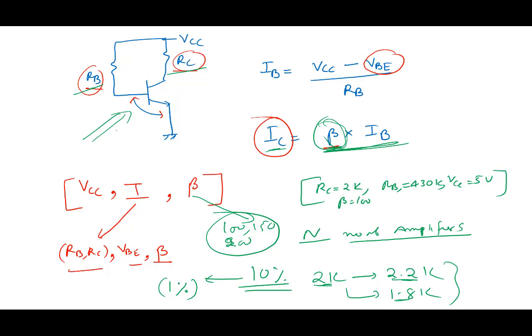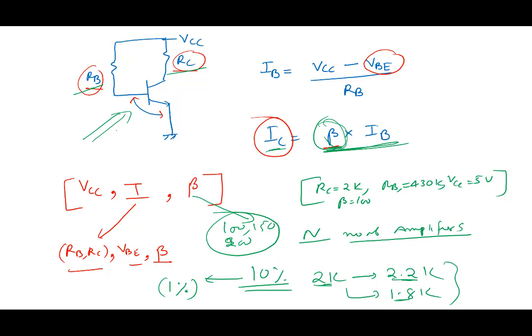And this amplifier is then no longer useful, because the bias point will change, gain will change, input resistance will change, everything will change. So as a manufacturer, you want to say all my amplifiers will give me a gain of 100, input resistance of 1K. You will not be able to say anything. One amplifier may give you a gain of 100, another may give you a gain of 200, but input resistance of half.